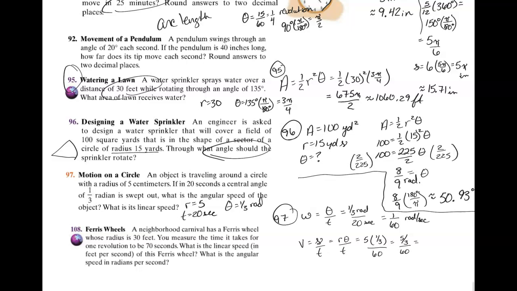Oh, I'm sorry, time is 20. I'm not sure where I got 60 from. Time is 20. So we have 5 divided by 60, which is 1/12. And that's going to be in centimeters. The reason it's in centimeters is because that's what our radius was, centimeters per second.